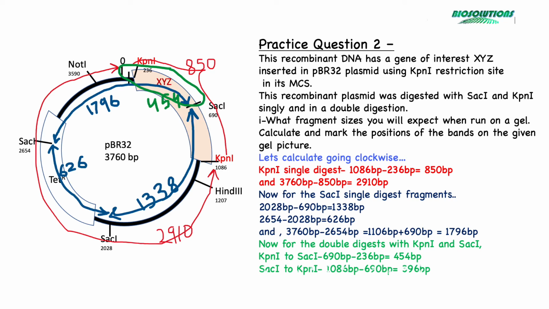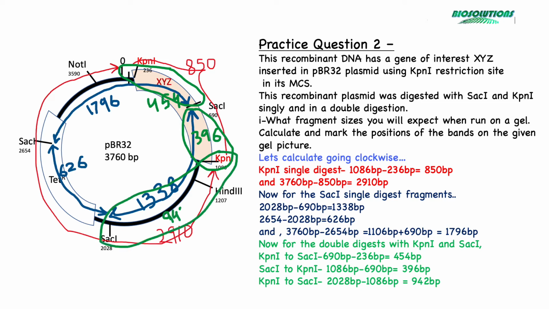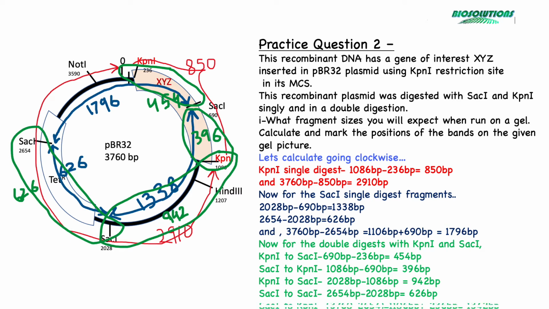454 base pair, SacI to KpnI will be 396 base pair, KpnI to SacI will be 942 base pair, SacI to SacI will be 626 base pair, same as single digest, SacI to KpnI will be 1106 base pair added with 236 equals 1342 base pairs.